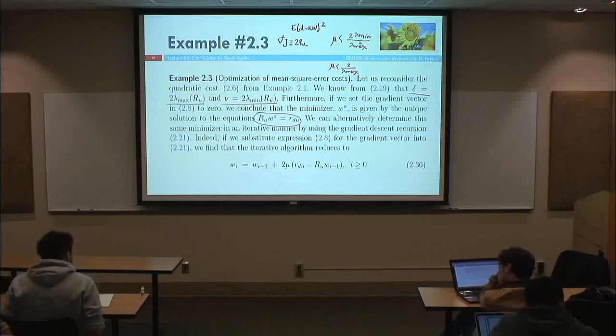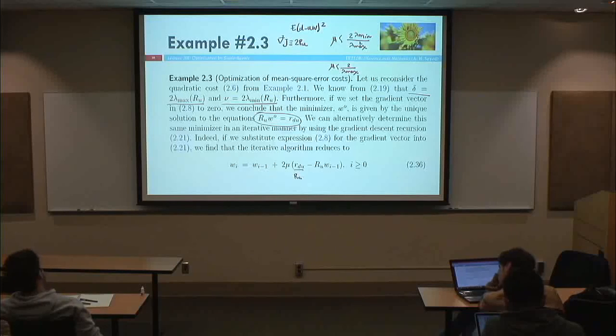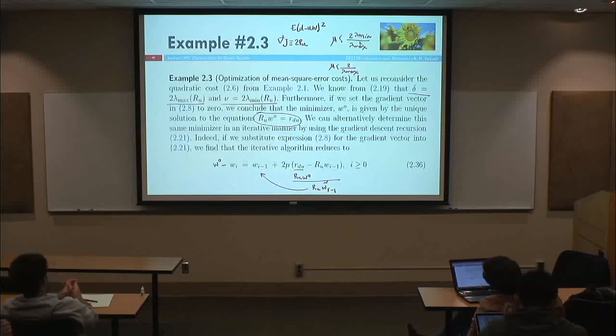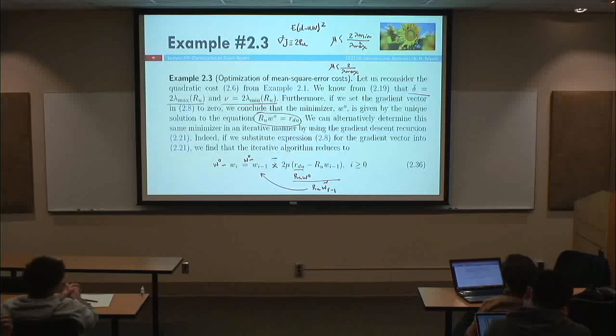So if you replace R_d u by R_u w0, you will find that here you have R_u w tilde, I minus 1. You can group these two terms after you subtract w0, right? And you get the error recursion in this case, so you can do the calculation in this case directly, okay?